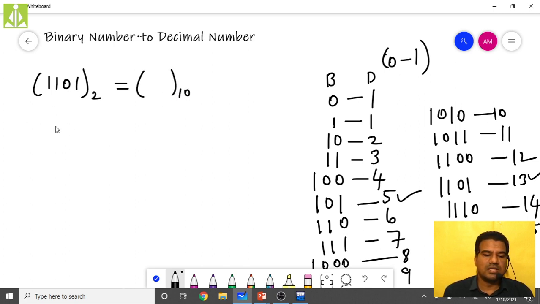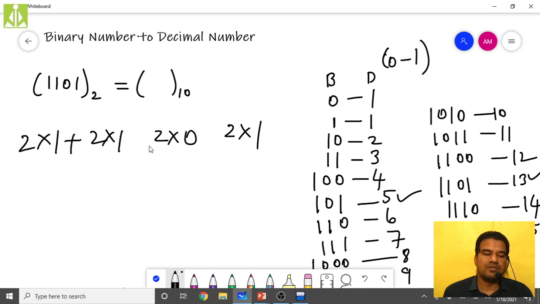So again, separated, 1 1 0 1. Then multiply each with 2, add plus signs in between, and add the powers 0, 1, 2, 3. 2 power 3 means 8, 8 multiplied with 1 is 8, plus 2 power 2 means 4, multiplied with 1 is 4, plus 2 power 1 means 2, multiplied with 0 is 0, plus 2 power 0 means 1, multiplied with 1 is 1.